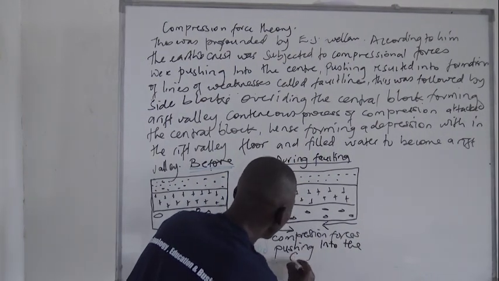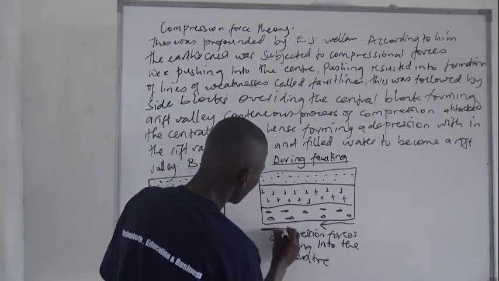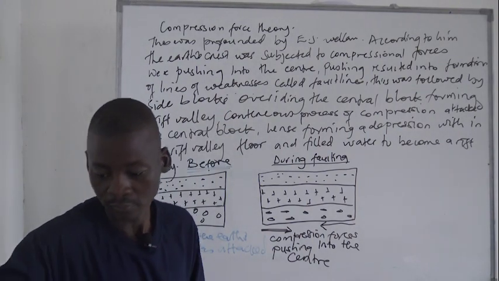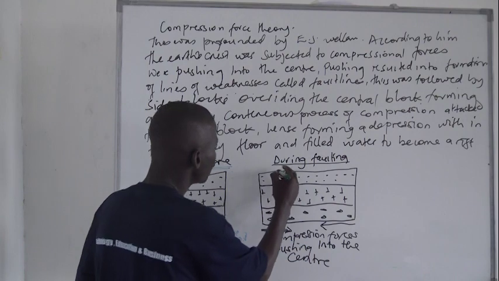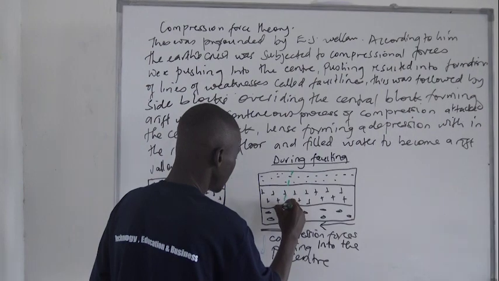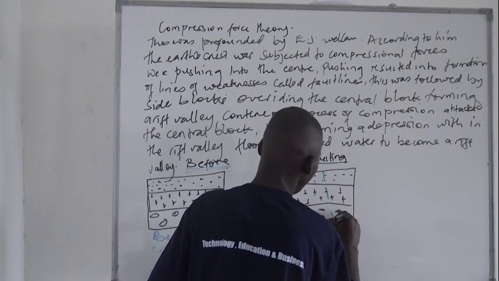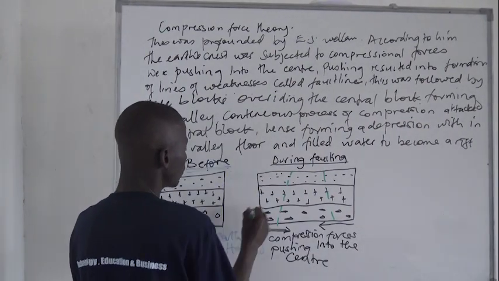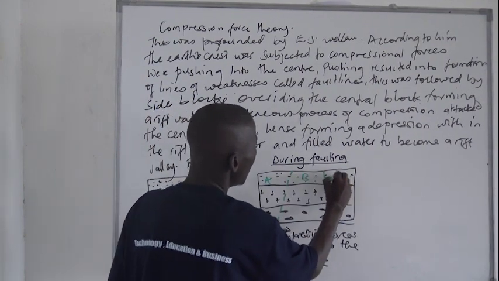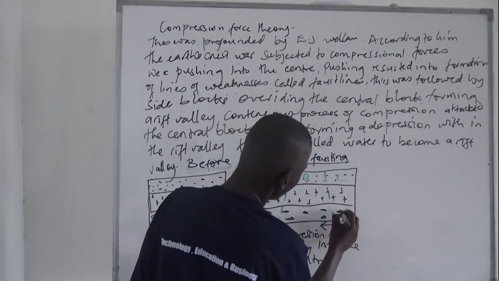These compression forces led to the formation of lines of weaknesses, which we have termed as the fault lines, creating three blocks, A, B, and C. So these are our fault lines.